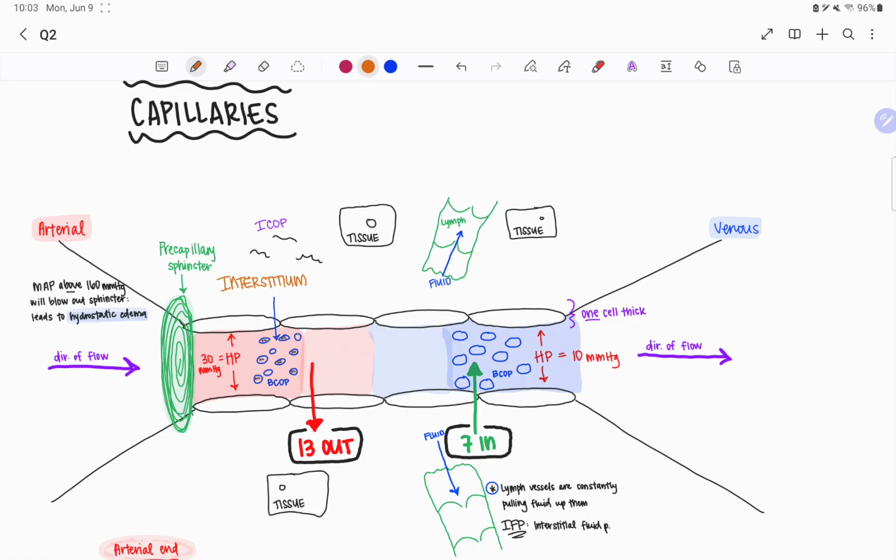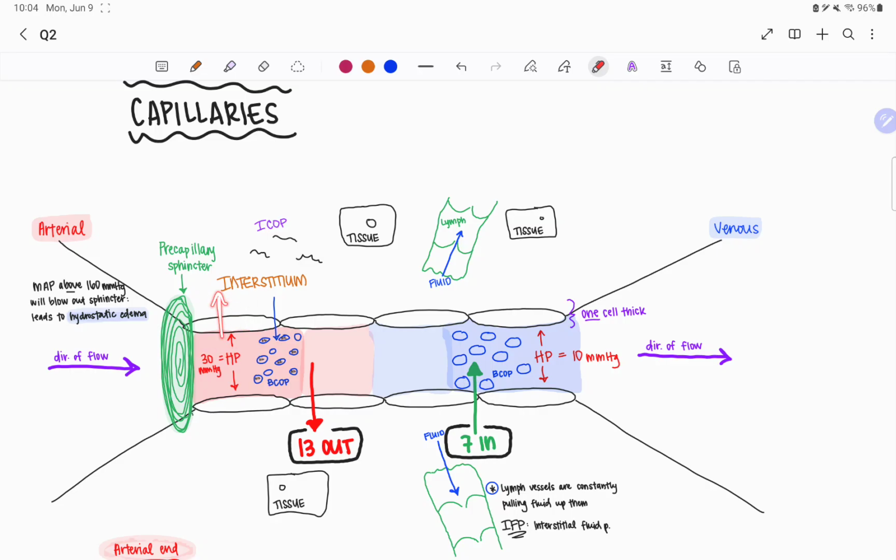So it's pushing fluid out into the interstitium just because there's so much pressure in here. So it's high pressure to low pressure, right? We've talked about gradients, and high to low is the common direction of gradients. So high pressure to low pressure, more fluid to less fluid, right?